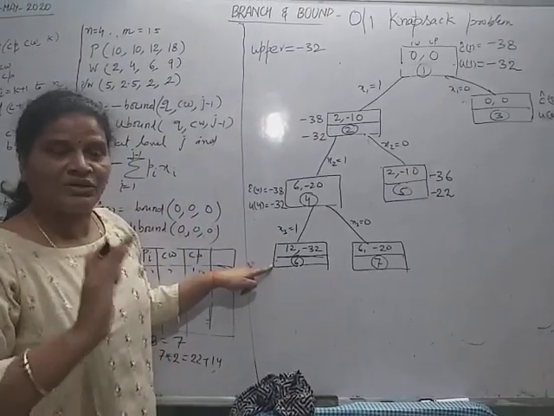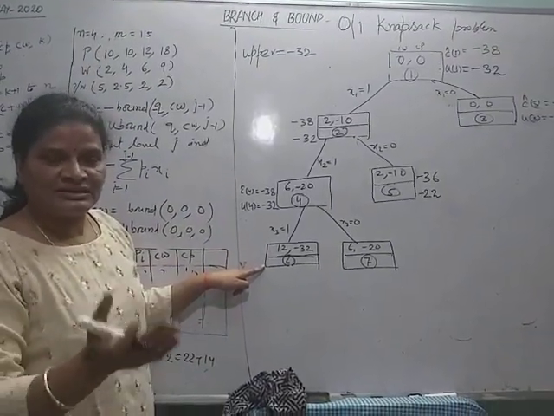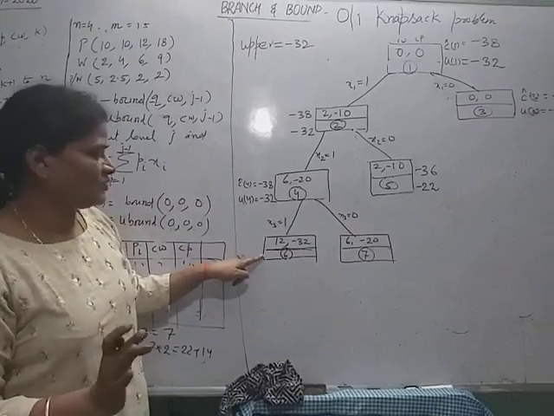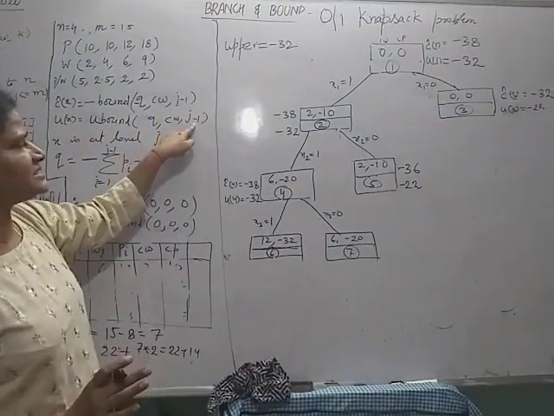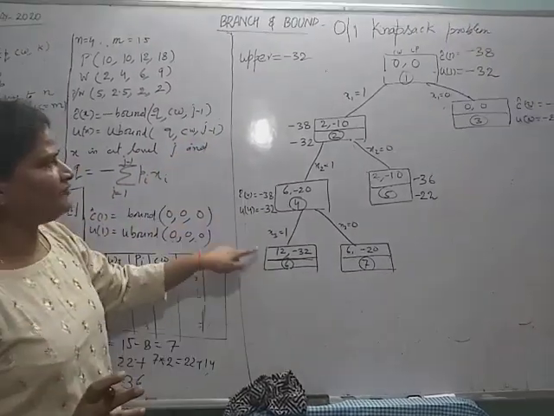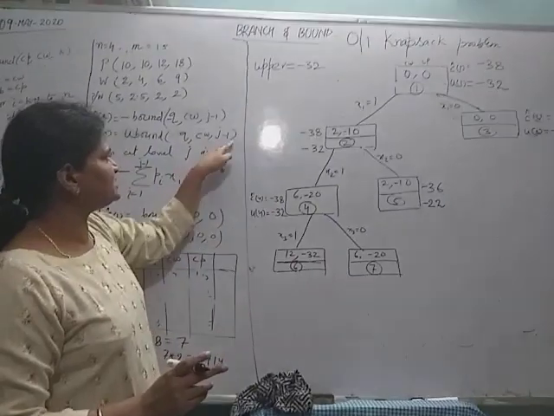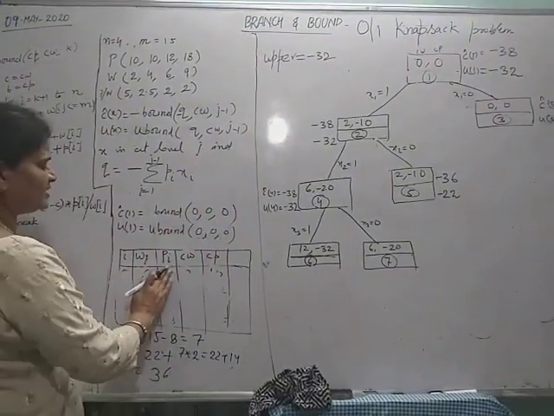It means I have already taken decisions for 3 objects. Now I have to take decisions for 4 to n, that is 4 to 4. So the U bound function is called with 3, and the algorithm will run from 4.